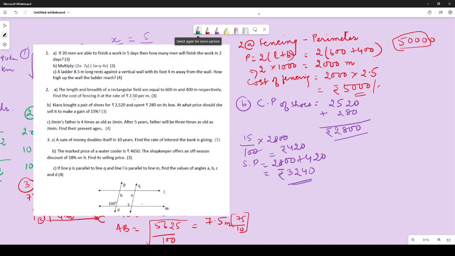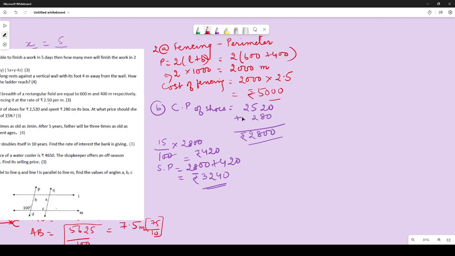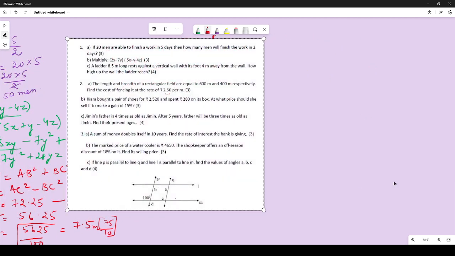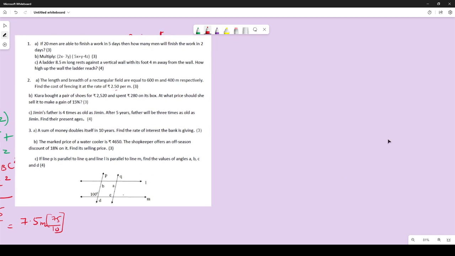Okay, let me just take it up over here on this side. Oh, this was 5,000. Okay, now let me shift to this side a little bit. Let us take up this space to solve the question. Now Jimin's father is 4 times as old as Jimin.